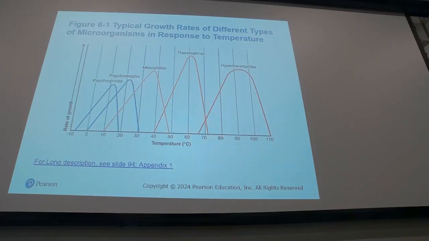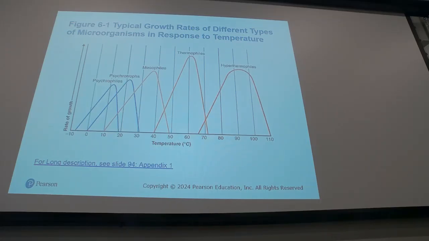And the peak in each of these classifications, including the ones that like extreme temperatures, will be the optimum growth temperature. While the point at the bottom on the left side of the curve represents the minimum growth temperature, and the one on the right side at the bottom will be the maximum growth temperature.